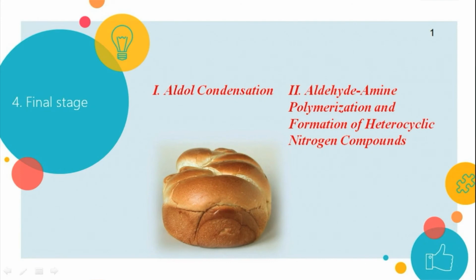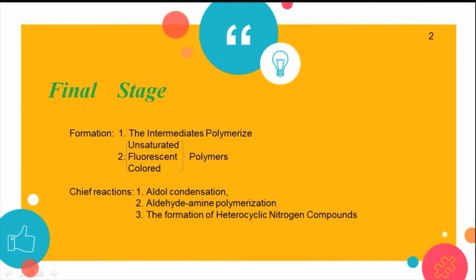Okay, hello everyone. In my part, I will introduce the final stage of the Maillard reaction. It involves two parts, aldol condensation and aldehyde-amine polymerization, forming heterocyclic nitrogen compounds. The final stage of the Maillard reaction consists of polymerizing intermediates and forming unsaturated and colored polymers.